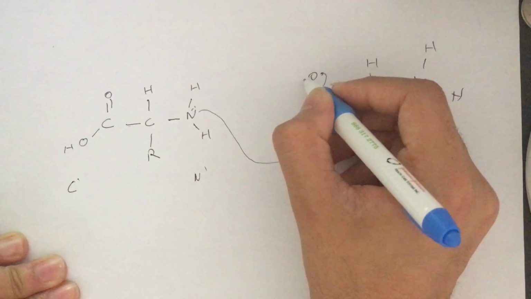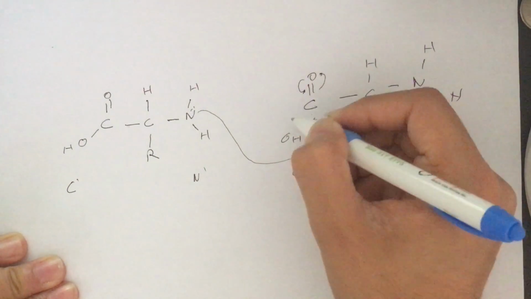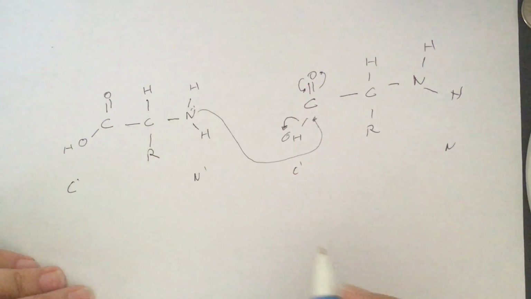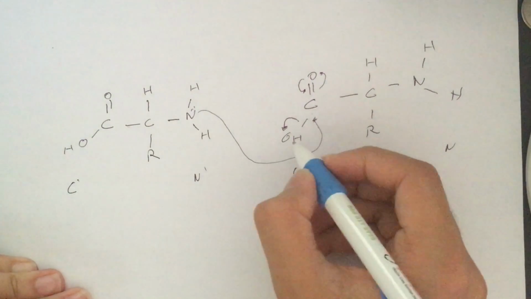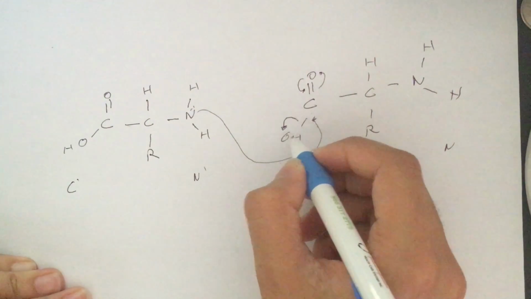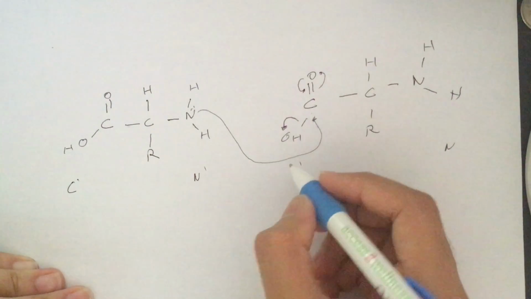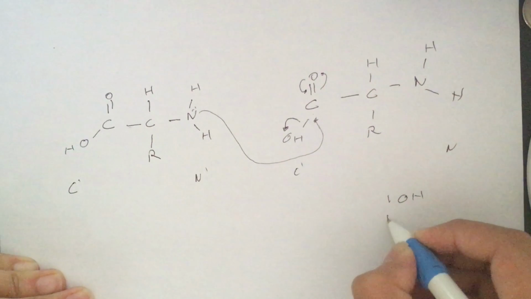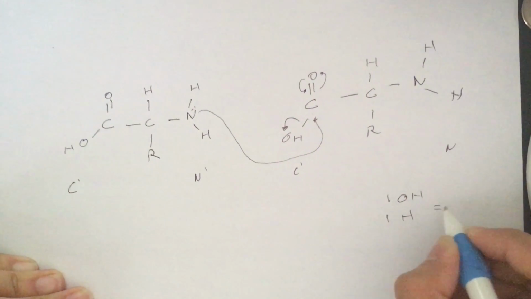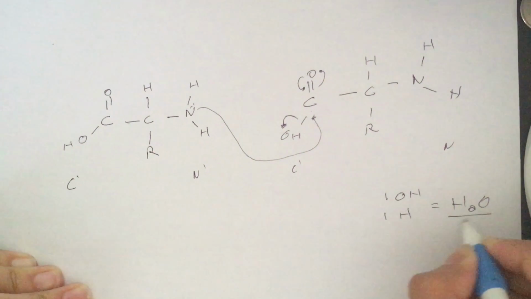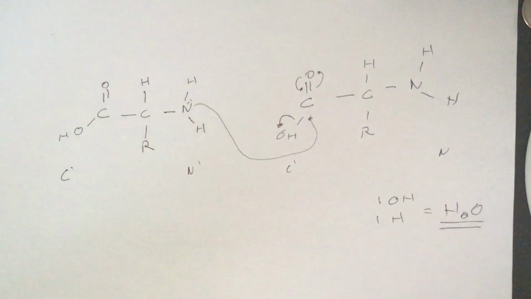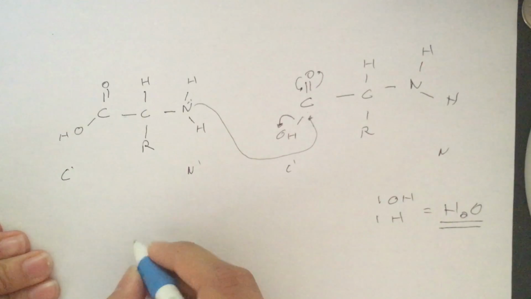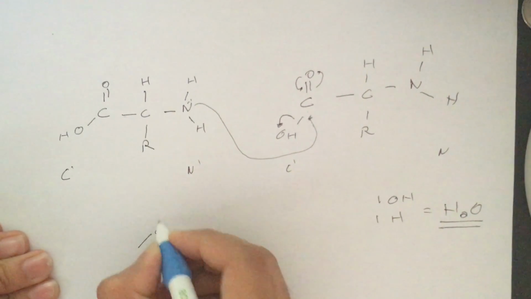All the electrons get transferred here, then they get transferred back to reform the double bond, which causes this hydroxyl group to leave. Then this hydroxyl group comes and takes out one of the hydrogens. So in essence, you have lost one hydroxyl group and one hydrogen, and that just makes up water. This is why we call this a condensation or dehydration reaction, because you're losing water to form a peptide bond or an amide bond.